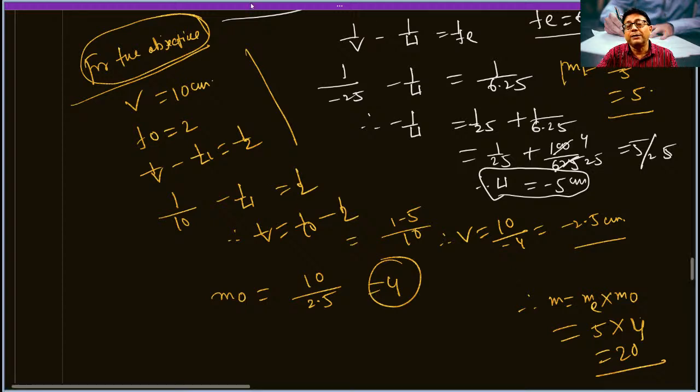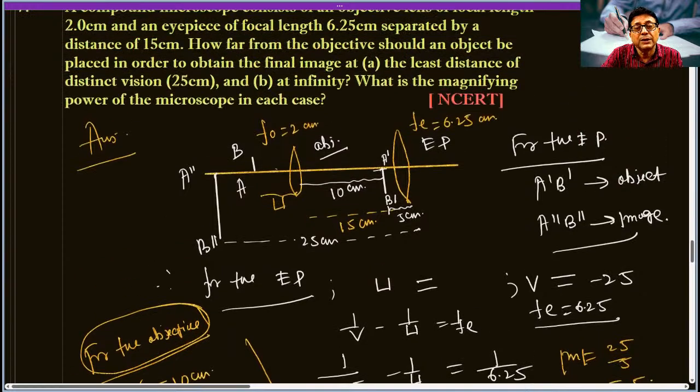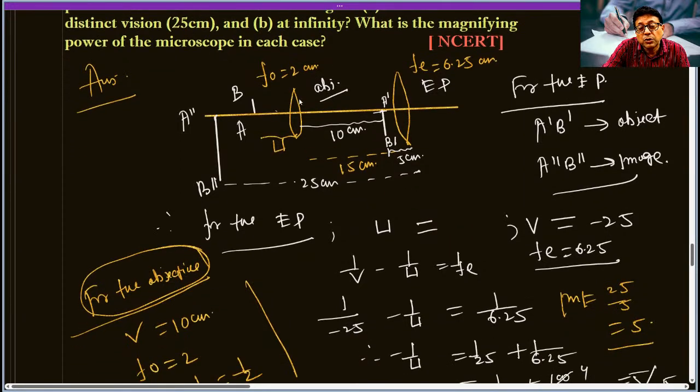Now what will happen if the image is formed at infinity? Then what? How far from the objective should an object be placed in order to obtain the final image? How do you get that? So you will be starting in the same manner, the way I did it here. I have taken the final image formed by the eye lens, isn't it?